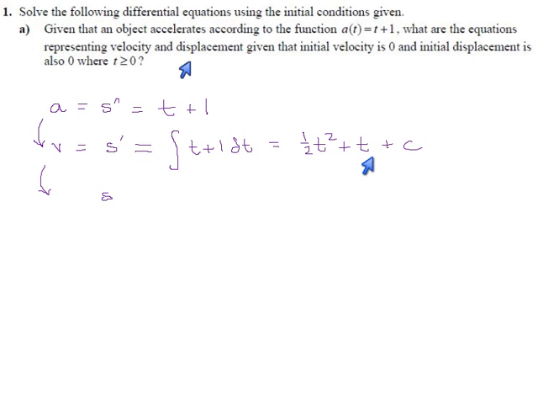They tell us up here that the initial velocity is 0, meaning when t equals 0, v is 0 also. Knowing that, we can put in 0 for the t's and we get velocity equals 1/2 of 0 squared plus 0 plus c.